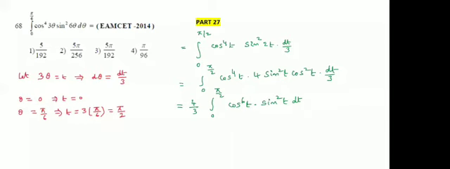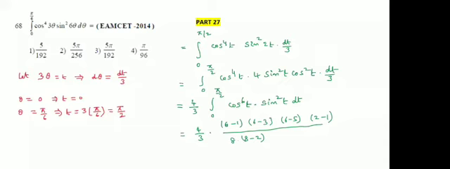Both are even, so how to apply the formula we know very well. 4 by 3 into numerator 6 minus 1 into 6 minus 3 into 6 minus 5, next 2 minus 1, divided by 6 plus 2, total 8: 8, 8 minus 2, 8 minus 4, 8 minus 6.